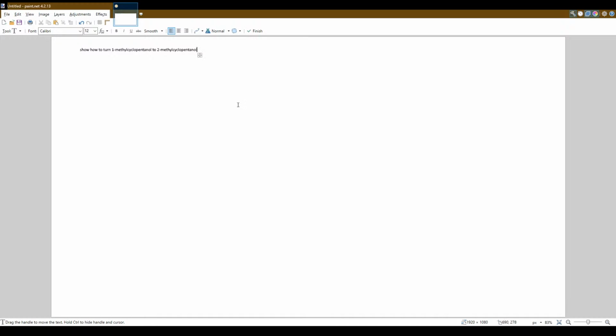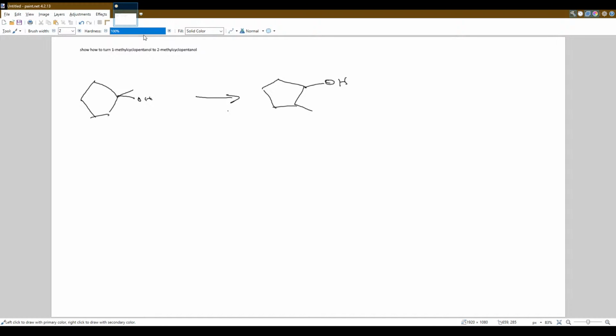Okay, so our reaction is going to be cyclopentanol, so 5 sides, 1-methylcyclopentanol. And then we're going to have to turn that into 2-methylcyclopentanol. So how are we going to do this? We need to work backwards.